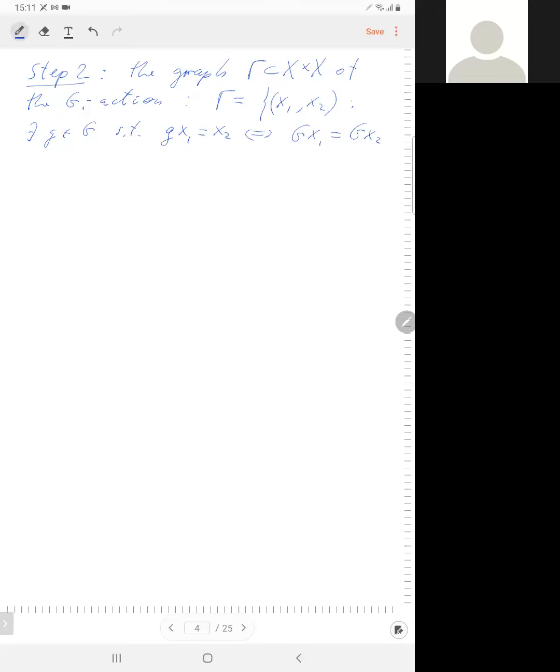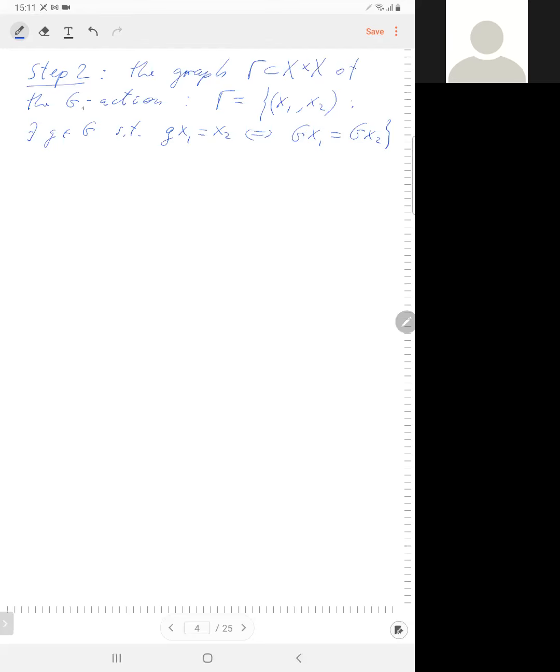So they lie in the same orbit. Maybe it's not the very best name, since it's not a graph of any morphism, but this is the standard name, so we'll use it. It is called the graph of the G action.